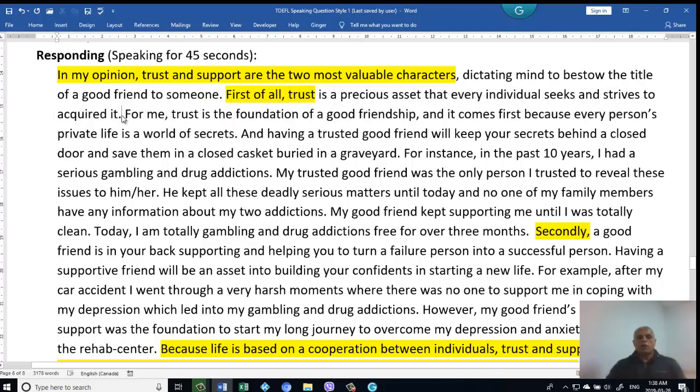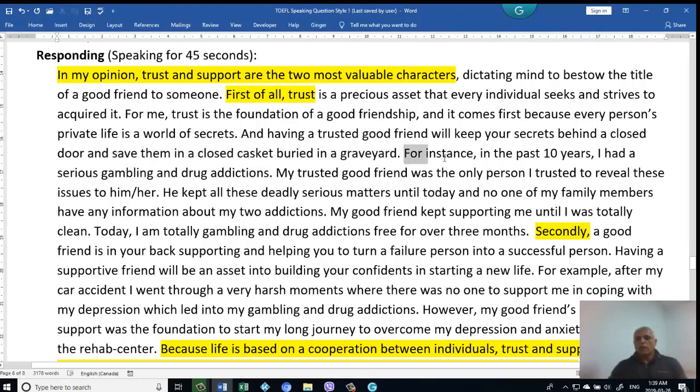For me, trust is the foundation of a good friendship, and it comes first because every person's private life is a world of secrets, and having a trusted good friend will keep your secrets behind a closet door and save them in a casket buried in a graveyard.